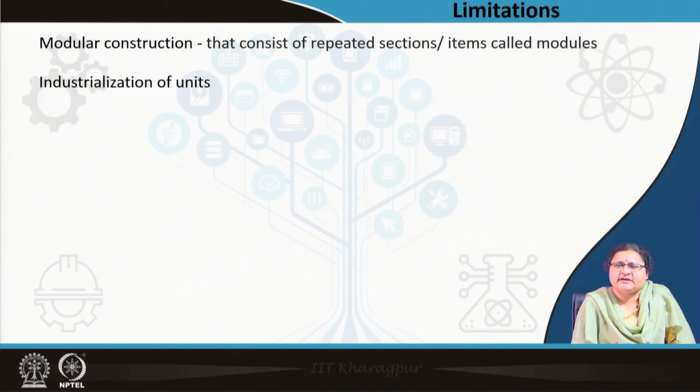That makes it industrial, that makes it possible for a factory to make a large number of units. Otherwise, if you keep on changing your design, if you keep on changing the module, you will keep on changing your order, and that may not be possible for the factory to supply.